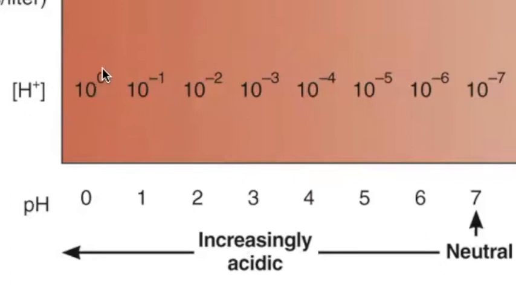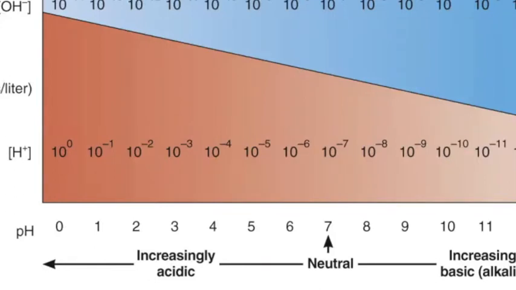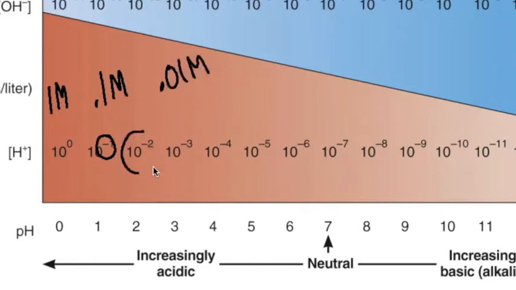So this 10 to the 0 actually means 1 mole per liter, a 1 M solution, whereas this one with a -1 means 0.1 M because we've moved the decimal point over one space. If we move it over 2 spaces, we have 10 to the -2.